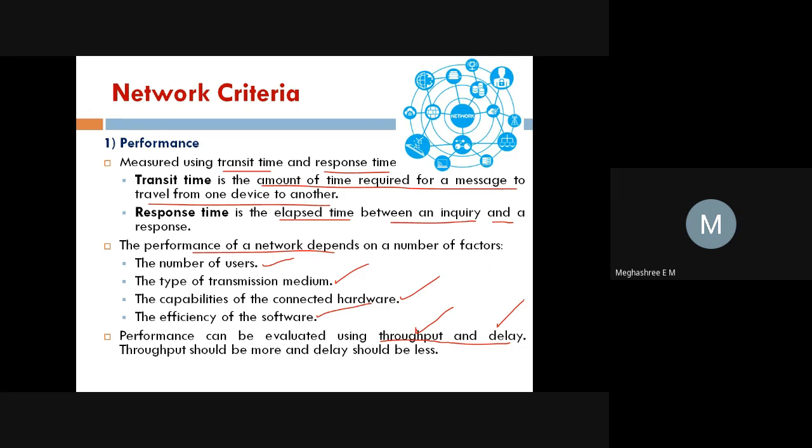But if it is not reaching within that time slot, then I can say there is a delay in the network, because you're not getting the intended data within a stipulated time. So that we call a delay in the network. So always delay should be less in the network and throughput should be more. These are the things that come under performance criteria.